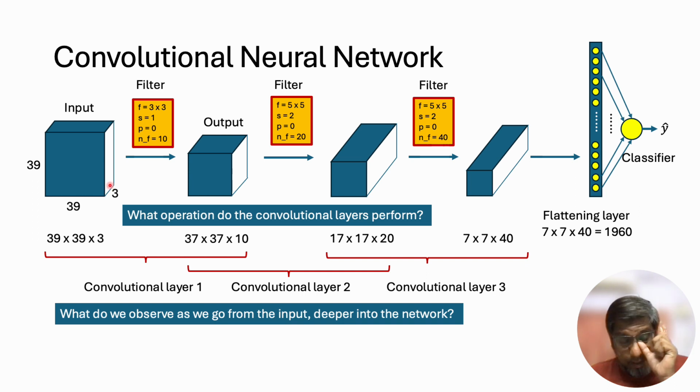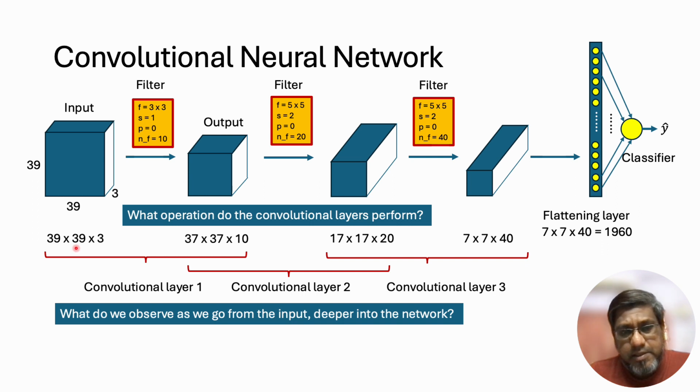So we have a color image of dimensions 39 by 39 pixels and 3 channels, and when this is passed through the convolutional network, we notice that the output that is obtained here is 37 by 37 by 10. Again, how we get these numbers, we'll discuss in a subsequent video.